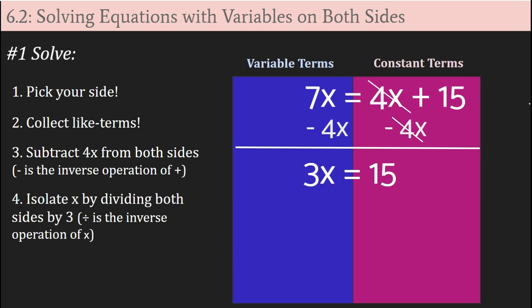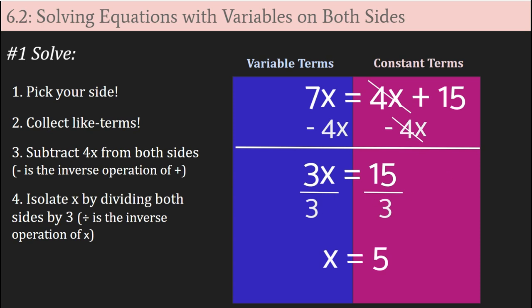So from here, we're going to need to isolate x by dividing both sides by 3. We divide both sides by 3 because 3x is the same thing as saying 3 multiplied by the variable x. So that inverse operation of a multiplication is a division. So we're going to have to go through and divide 3 out from both sides.